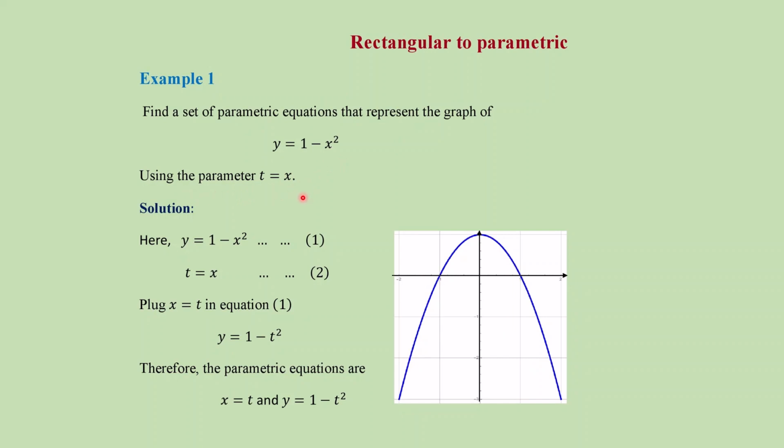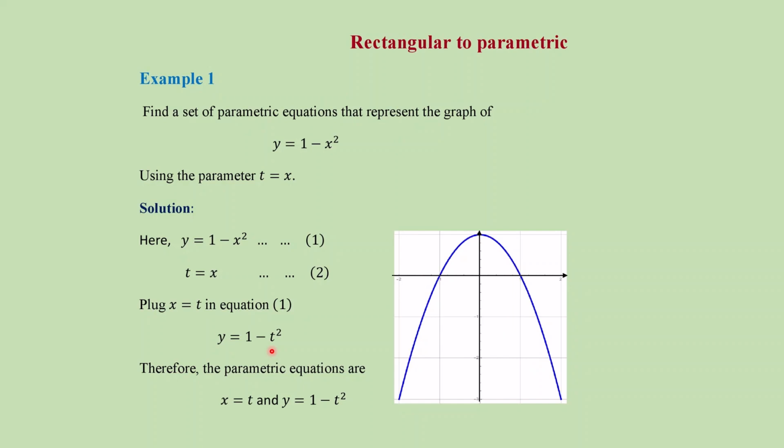This would be given, but if it isn't given, then you can assume x equals t or y equals t. It doesn't matter. So here y equals 1 minus x square, and we assume t equals x. If we plug x equals t here, then we will get y equals 1 minus t square, and this is the parametric equation.